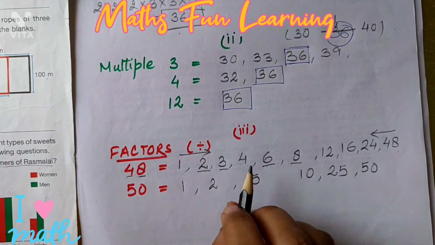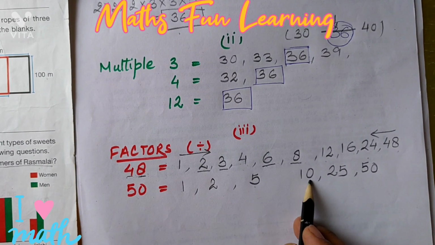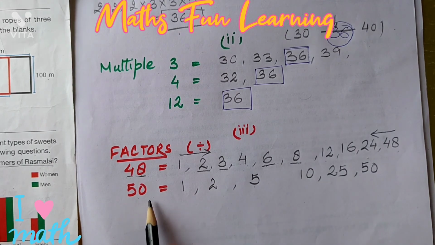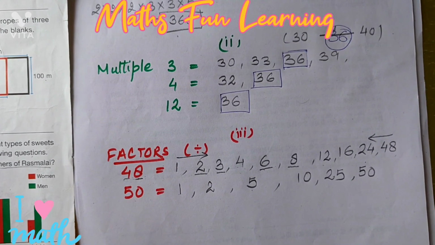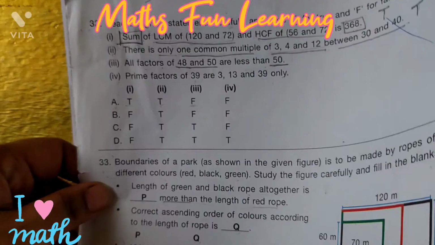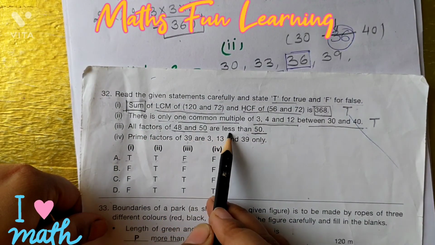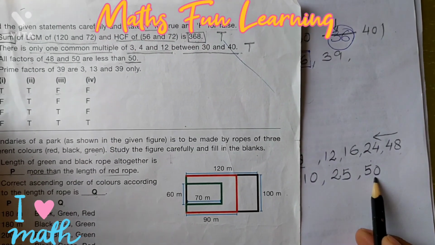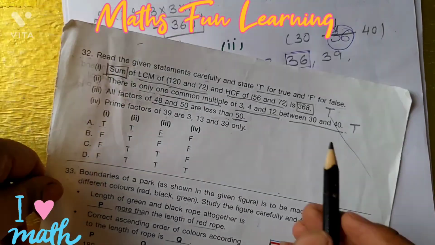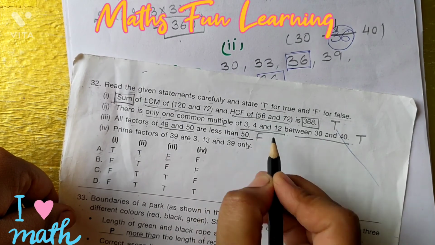Very good. 5 and 10 are near numbers. In between 5 and 10 are 6, 7, 8, 9. Can these numbers divide 50? No, that means all the factors are here. So the question asks, are all the factors of 48 and 50 less than 50? No, 50 is also included in the factors. That means this is false.